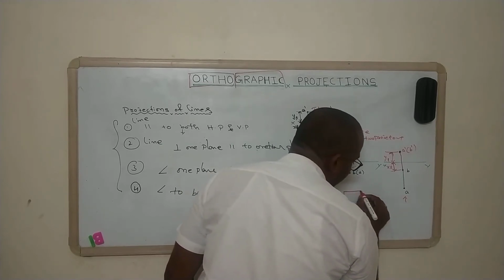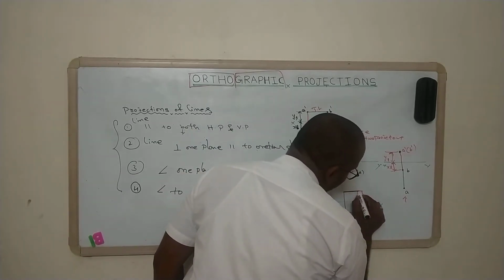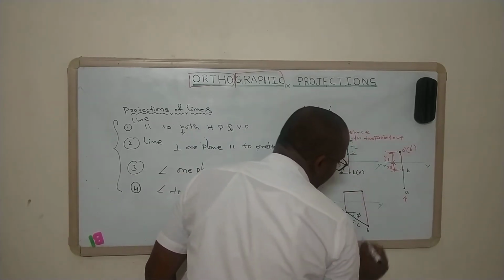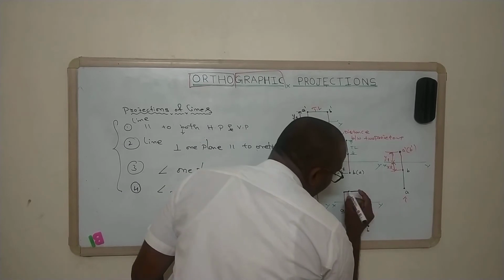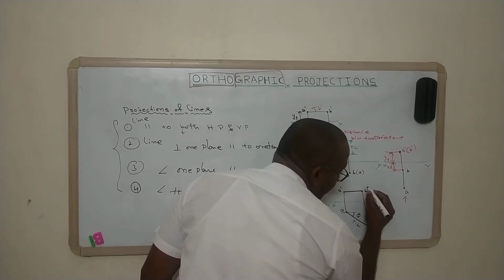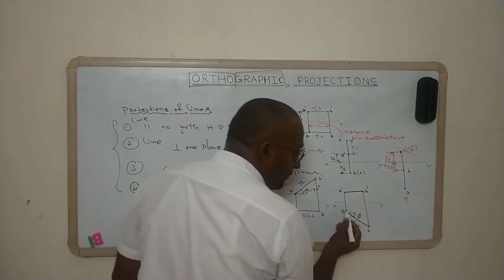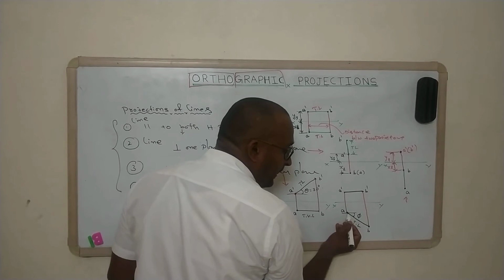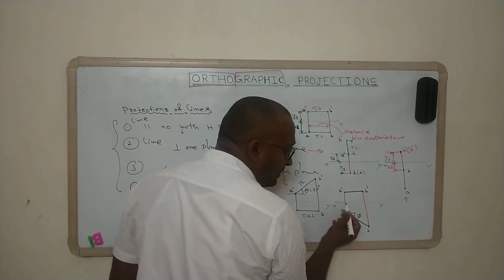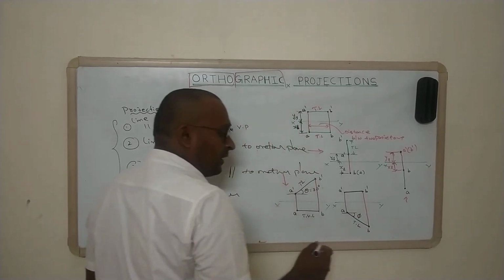These two will be the straight vertical projectors, and this is the finalized front view of the given line, A dash B dash. Sometimes they will give that the line end point A is on VP, so we start from here, and then with the phi angle we represent it.